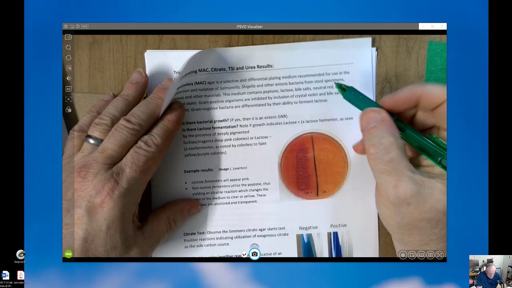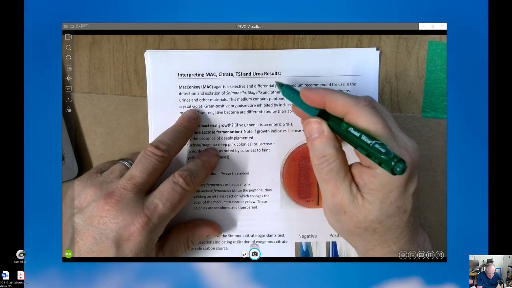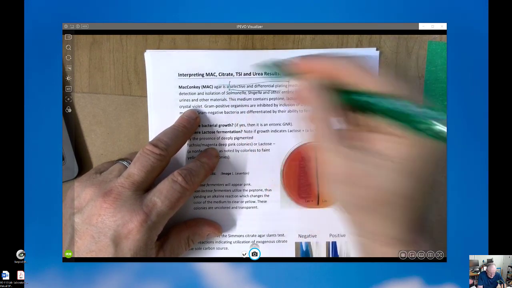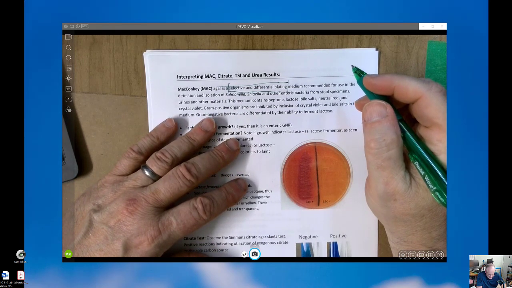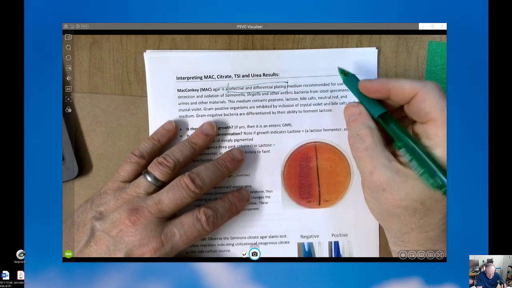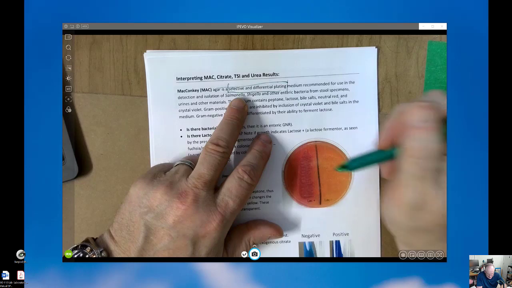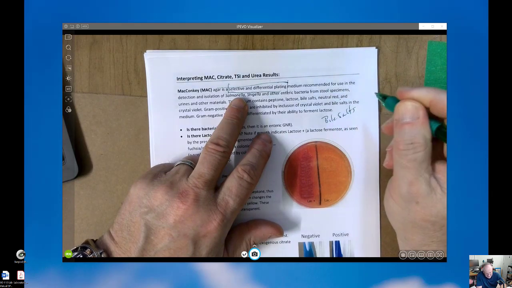MacConkey agar is a staple in most labs. It's selective and differential. So if I were to stop and say, okay, is MacConkey agar a selective, a differential, or a selective and differential media? You would say selective and differential. It's selective because it has bile salts, but we're not done yet.